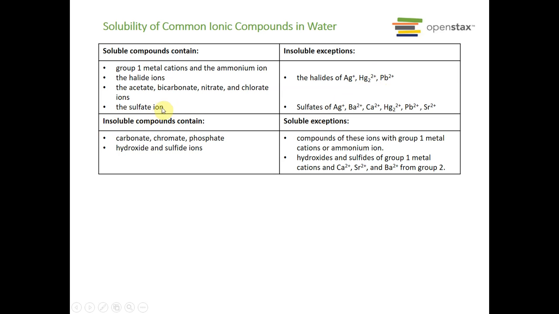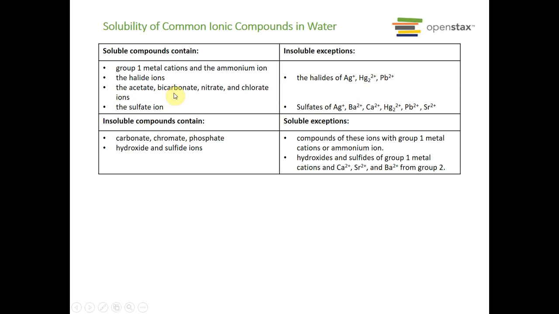And the sulfate ion has the same exceptions up here for the halides, but it's silver, mercury 1, lead, but also calcium and strontium, and barium.